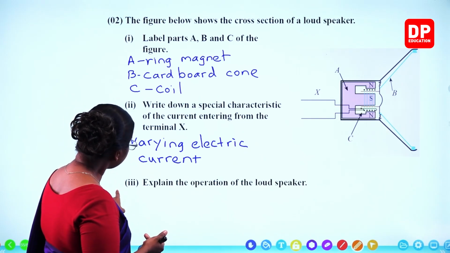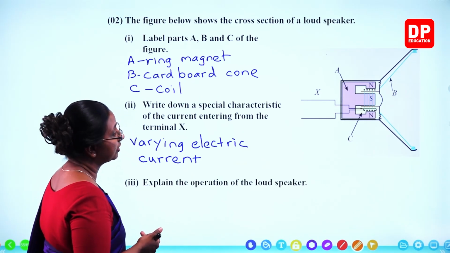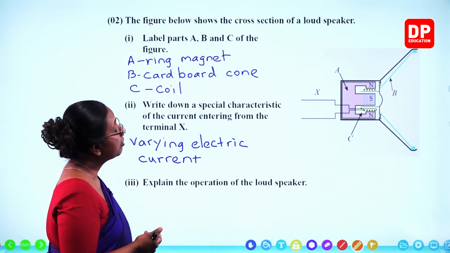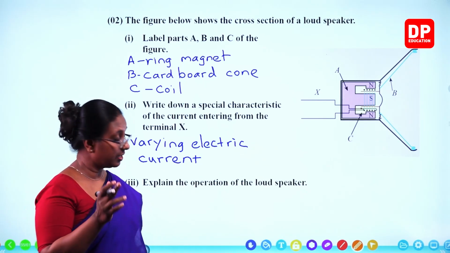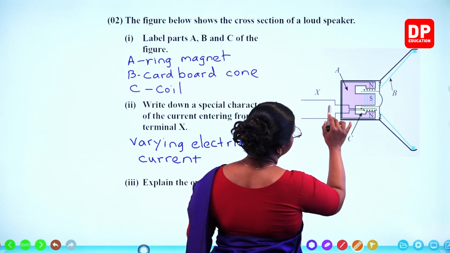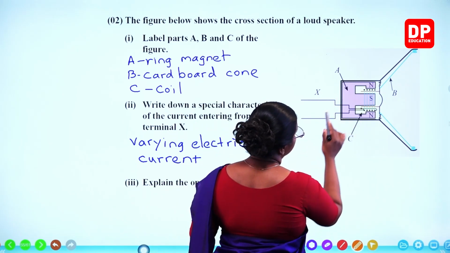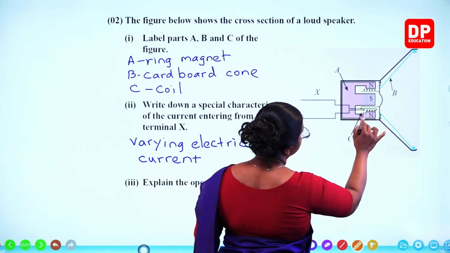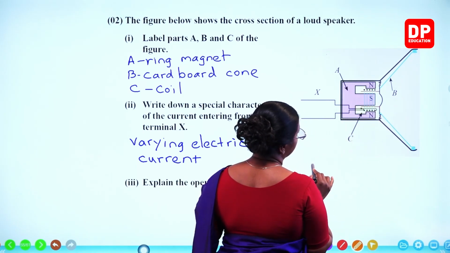Then, explain the operation of the loudspeaker. So, how do you explain the operation of the loudspeaker? Here you can see the varying current enters through this. So, here there is the conductor and there is a coil around it.